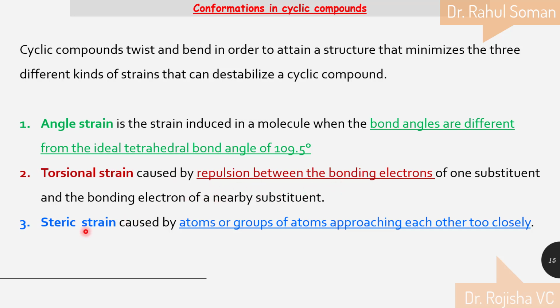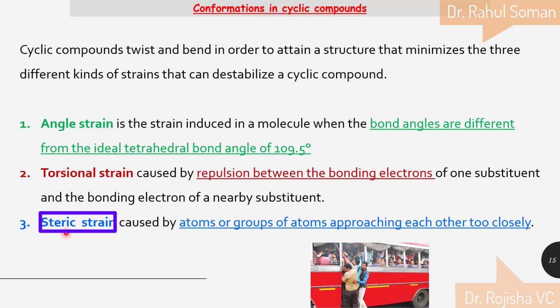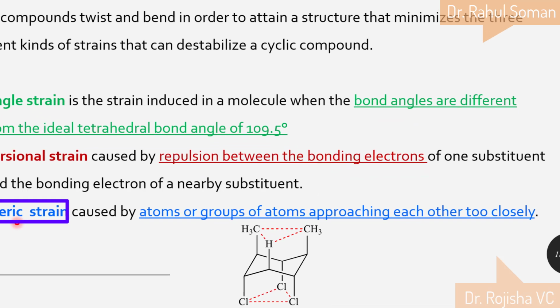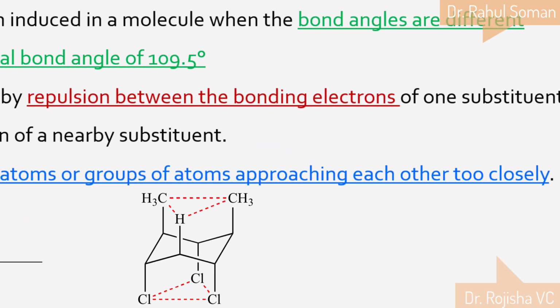Then the next is the steric strain. Because cyclic structures are constrained to a small space compared with normal straight chain compounds, if there are some bulkier groups or groups of atoms approaching closely in that area, that will result in steric strain. Steric strain is basically caused by close proximity of atoms.